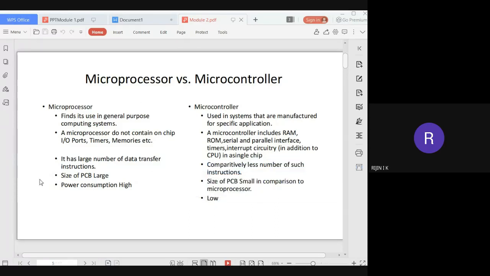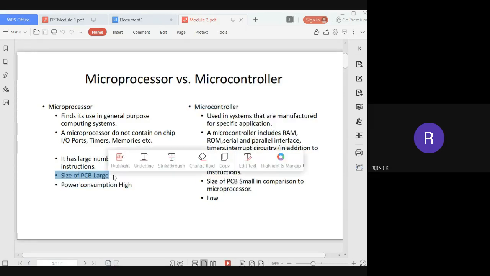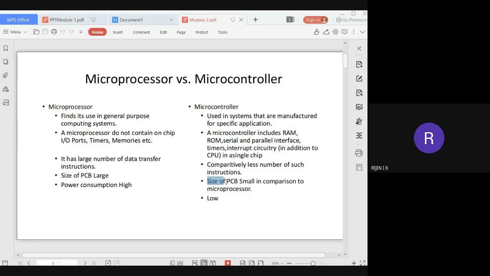And for microprocessors, the size of our board, the PCB, will be large. But in the case of microcontroller, the PCB is small compared to the microprocessor. And a microprocessor takes more power; power consumption is high.